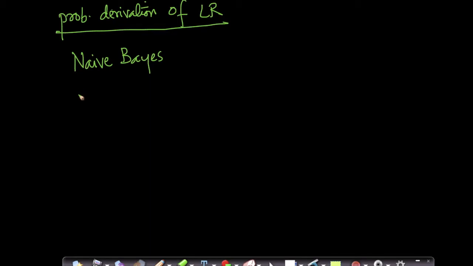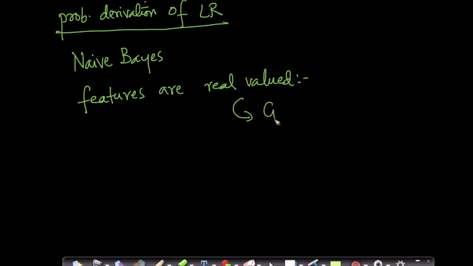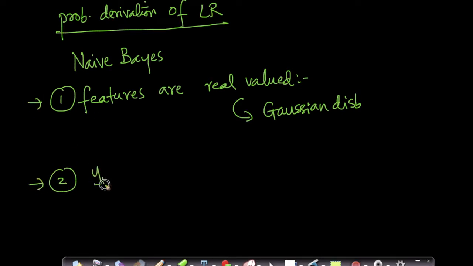In naive Bayes, if your features are real valued, you can assume that the conditional probabilities on your features are Gaussian distributed. That is point 1. Point 2 is that yi is either +1 or 0, two class labels. So you can think of your response variable or your class label as a Bernoulli random variable.